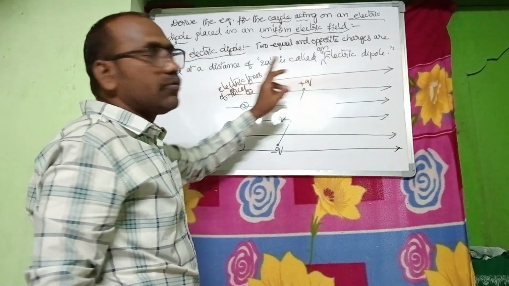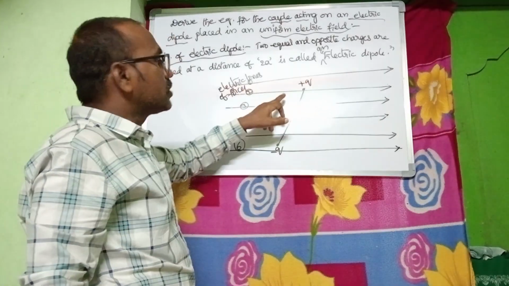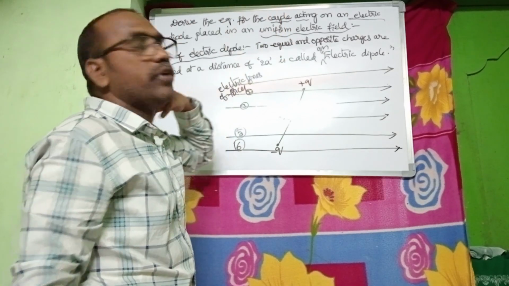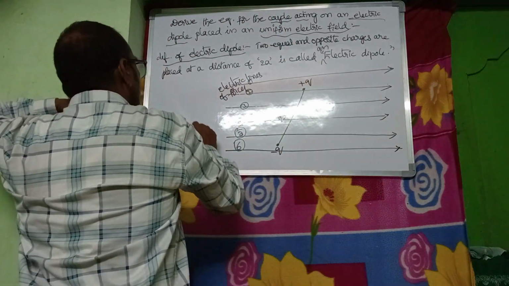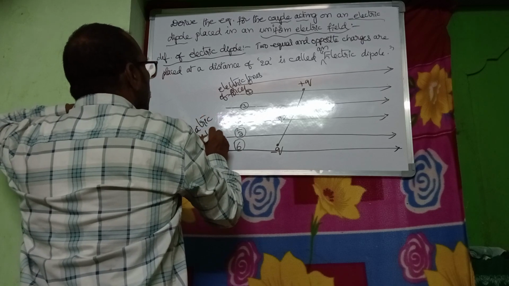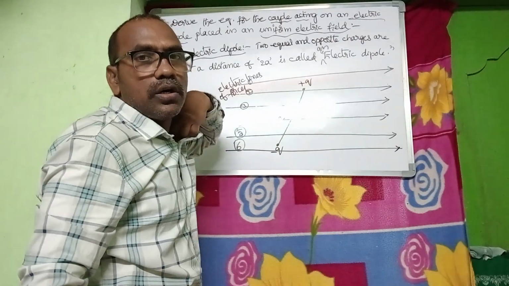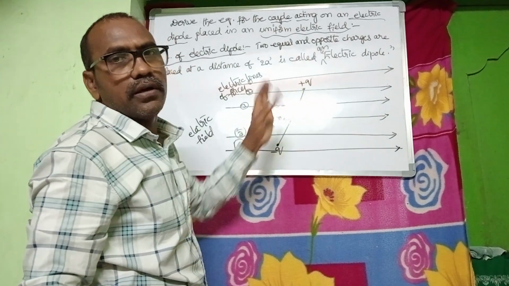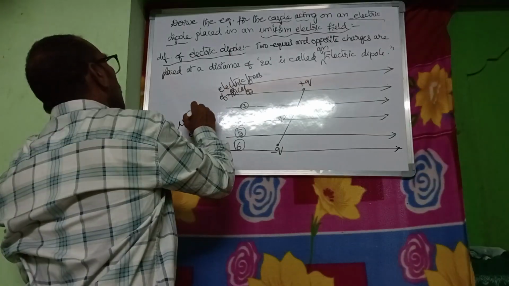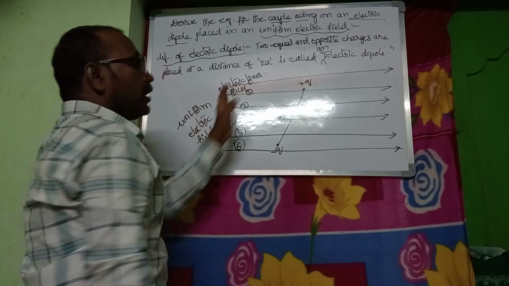Together you can write this as the electric field, and since the lines are evenly spaced, this is a uniform electric field.